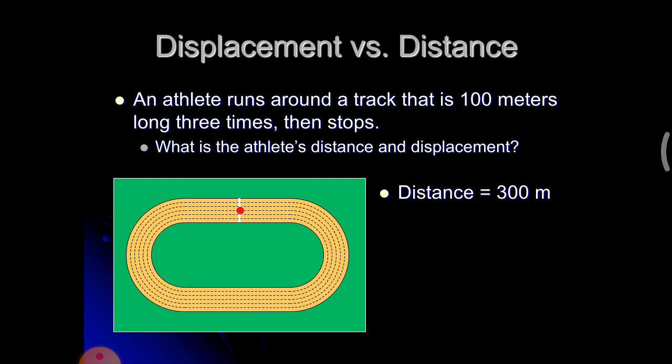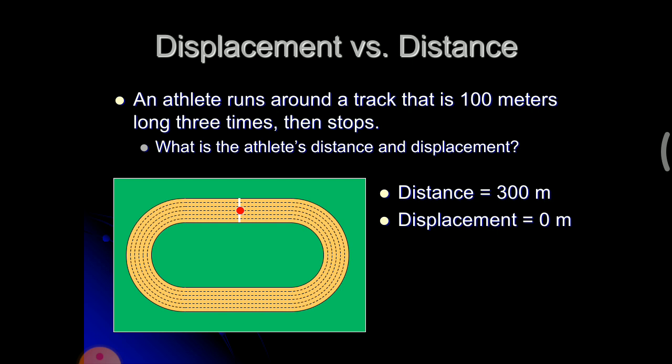What is the displacement? The displacement is equal to 0 meters because the initial and final positions are the same. The athlete started at the same point and reached the same point.